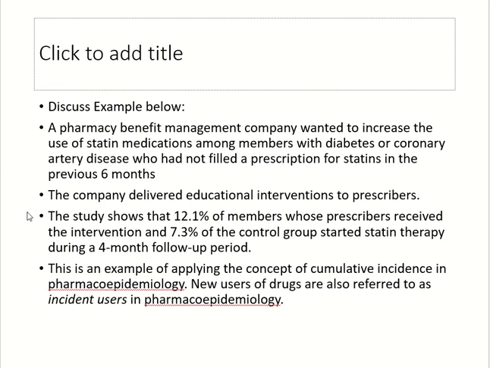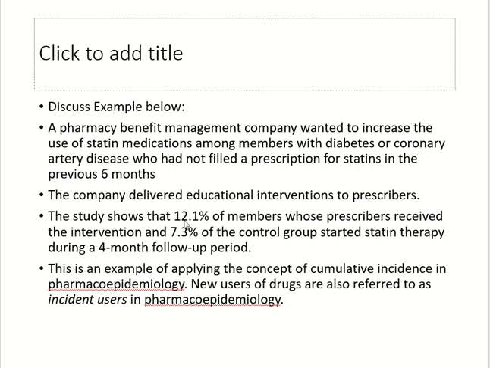So there's an example that is presented, about a pharmacy benefit management company that wanted to increase the use of statin medication among members with diabetes or coronary artery disease who had not filled a prescription for statin in the previous 6 months. Then the company delivered an educational intervention to prescribers.